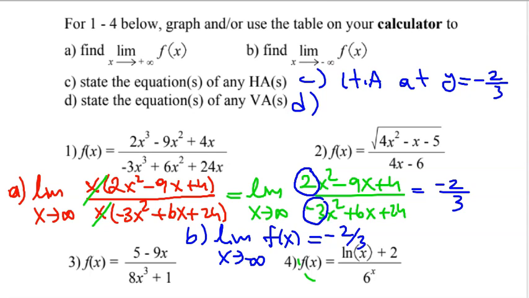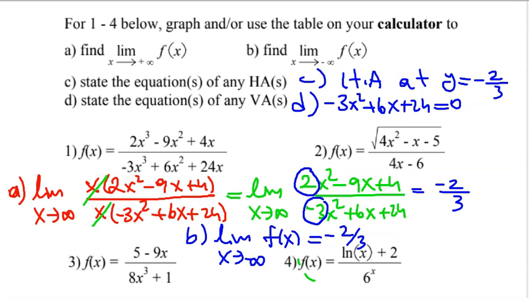In part D, we are supposed to find the vertical asymptote. If I want to find the vertical asymptote, I need to set the denominator, negative 3x squared plus 6x plus 24, equal to 0.